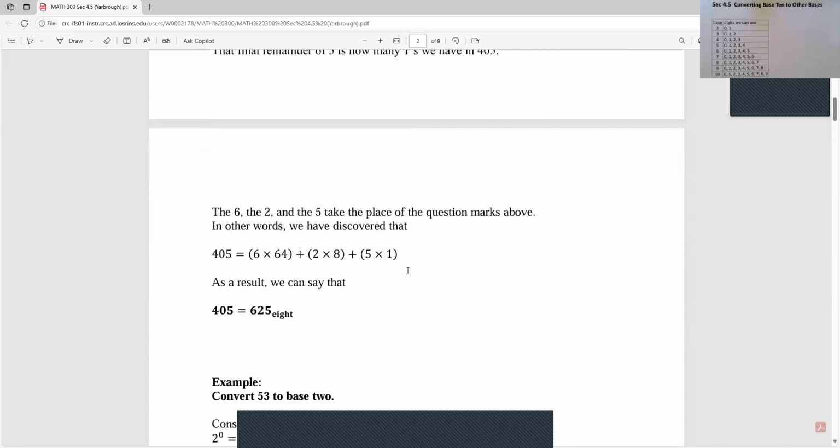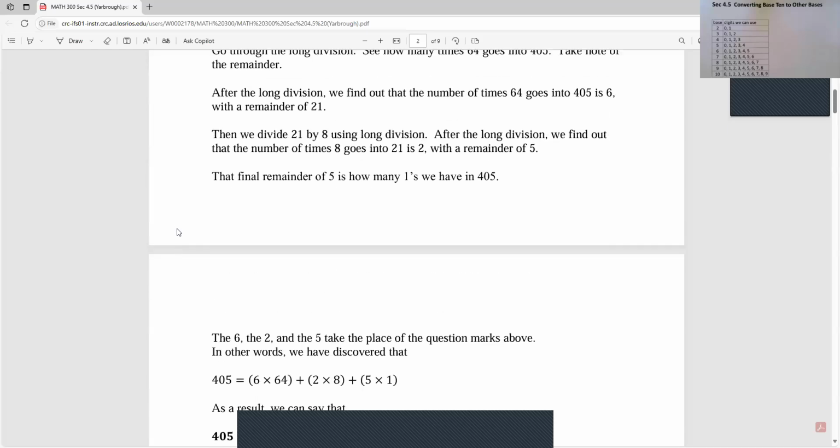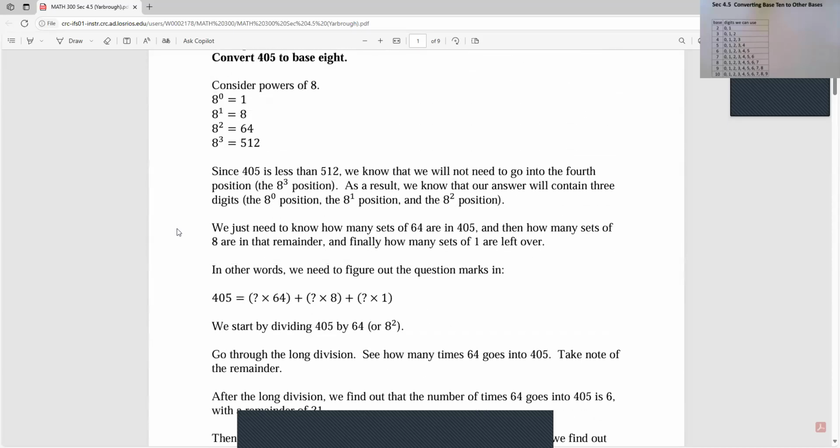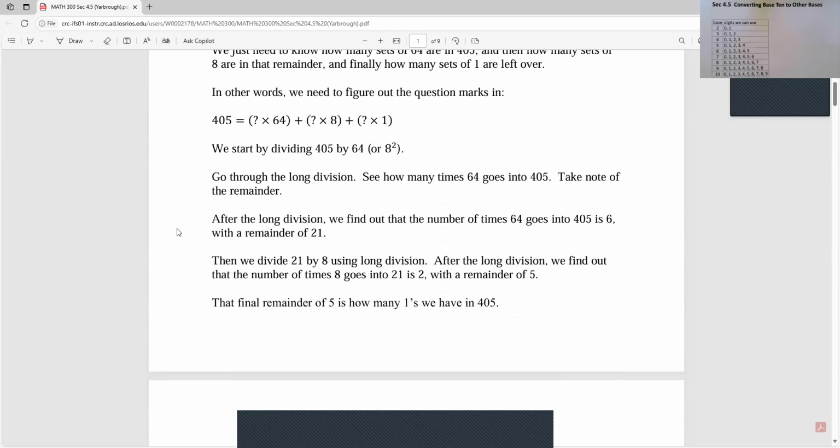And so the 6, the 2, and the 5 make up our answer right here. Again, I know that was really fast and it's hard. We're not seeing the actual math, so I think it's going to be better in a minute when we look at our examples on paper.